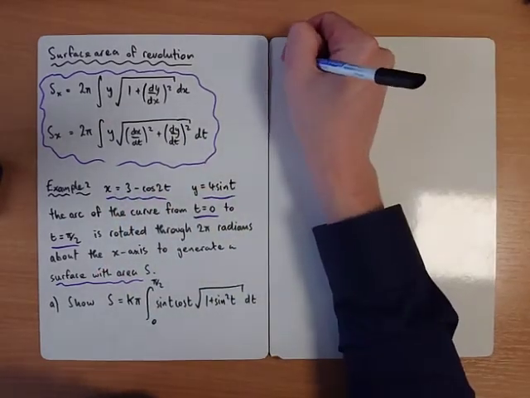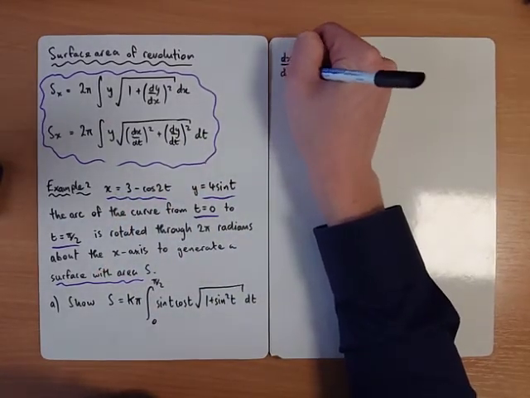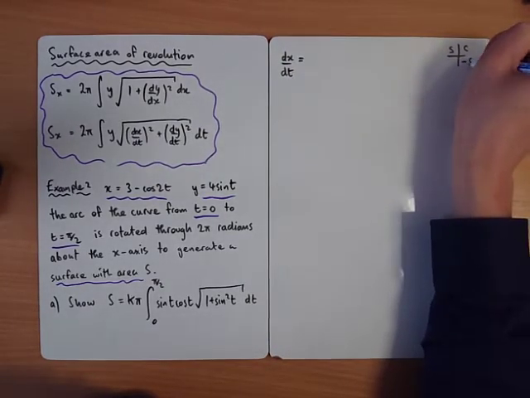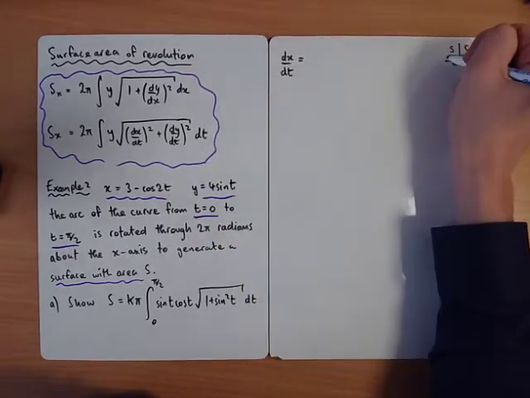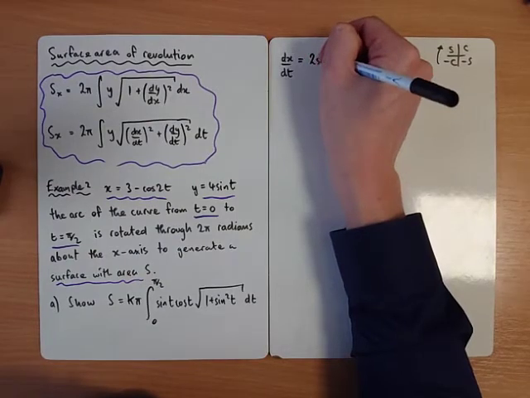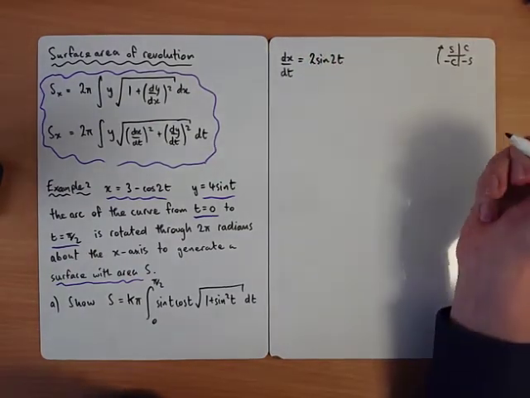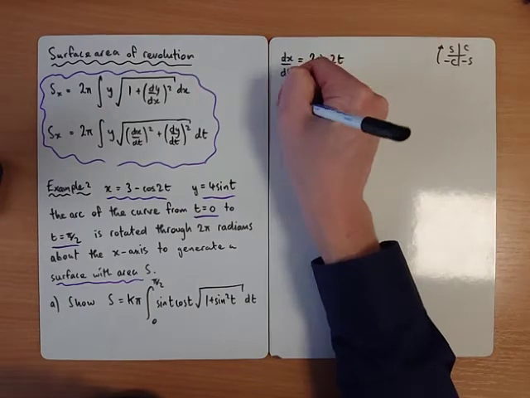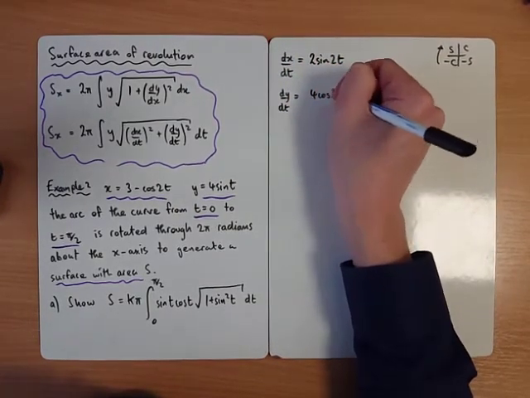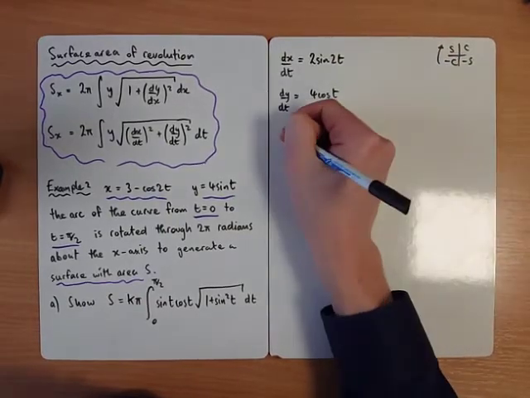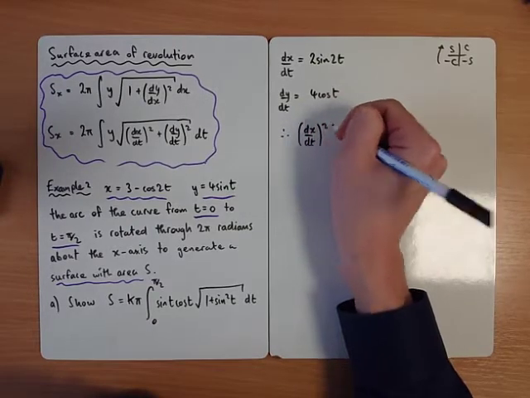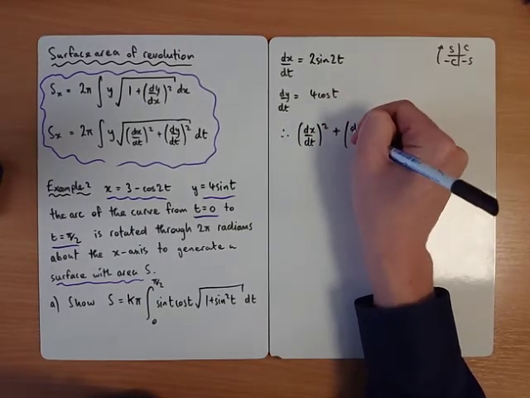Let's just start by thinking about, well, what's dx by dt? Minus cos becomes positive sine, so that becomes 2 sin 2t. dy by dt would equal 4 cos t. So we've got dx by dt squared plus dy by dt squared.